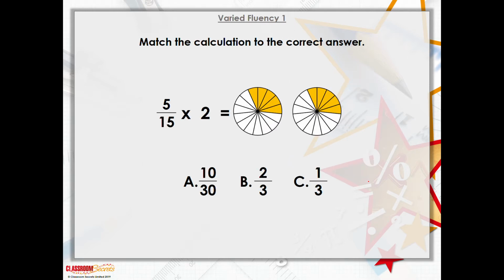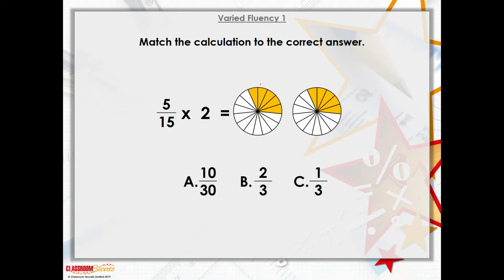So it says match the calculation to the correct answer. It says that 5/15 times by 2 is the same as either A, 10/30, B, 2/3, or C, 1/3.